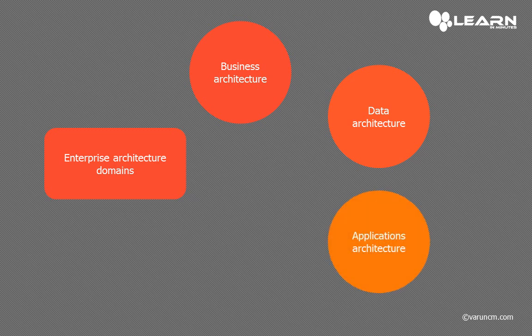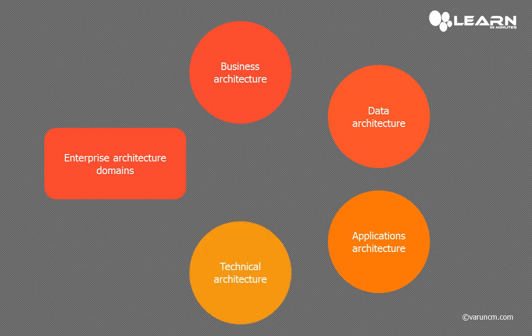The third one is the application architecture, which provides the blueprint for developing individual systems, including interactions among application systems, their relationships, etc.